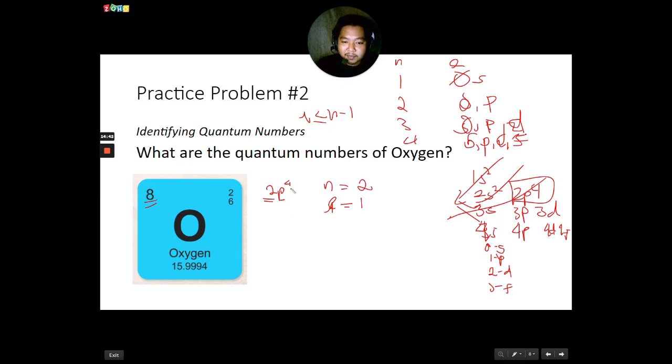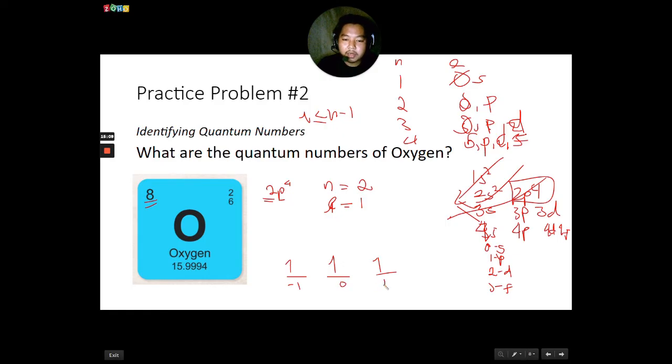And then I have 4 electrons in my P orbital. How do I write that? I've learned that P can have 3 orientations, that's why we have 3 orbitals, and I have 4 electrons. So I label these first: negative 1, 0, 1.